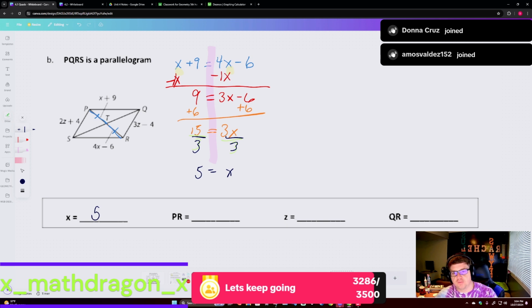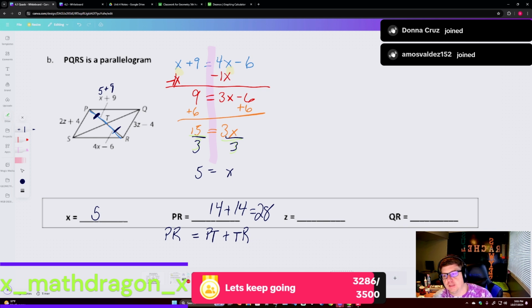So if x is 5, plug it back into this one. 5 plus 9 is going to be 14. That is PT and TR. So PR, the whole thing, is going to be 28, because a piece plus a piece equals the whole thing.